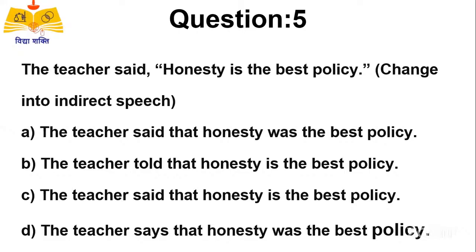The teacher said that honesty is the best policy. D. The teacher says that honesty was the best policy. Right. I think I've given you enough time because the sentence is lengthy. We'll go to this question number 6.